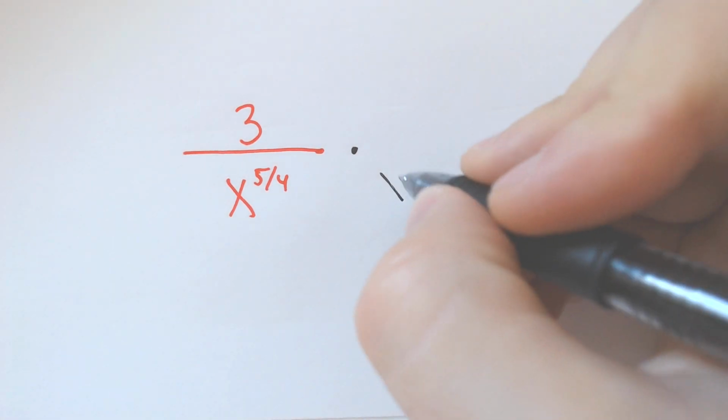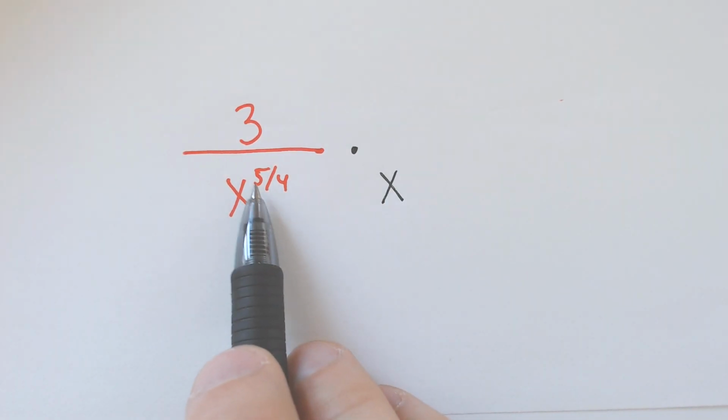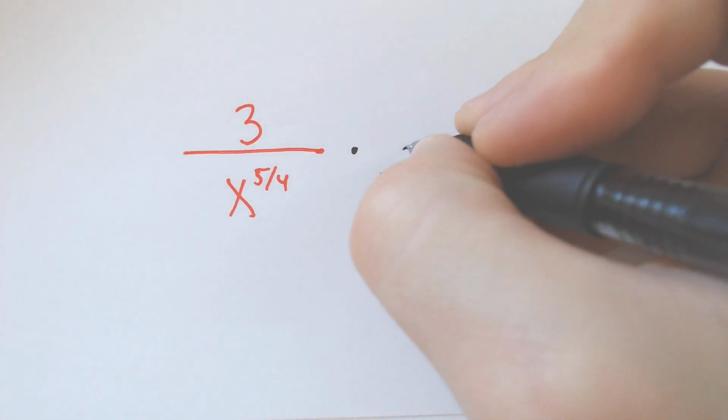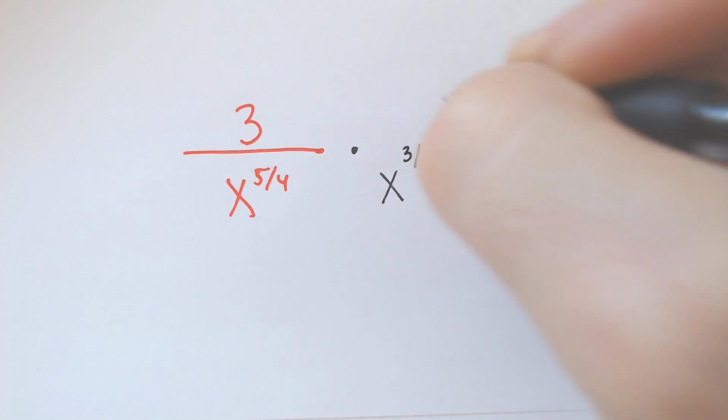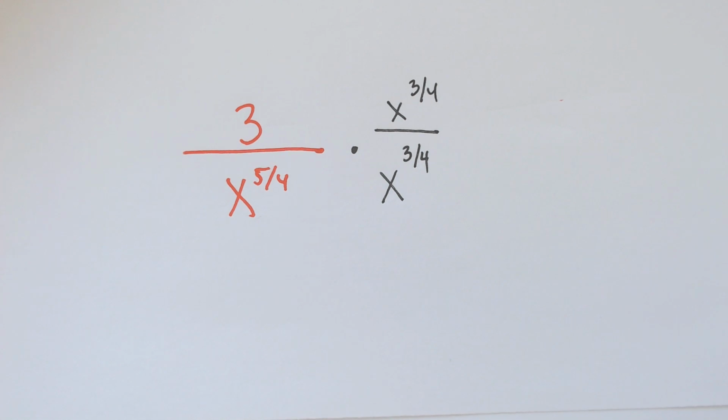But what you can do is recognize that if I have 5/4, I want to get the top of the fraction to a number that would be able to divide by 4. And if I want to get it to divide by 4, the next biggest number would be an 8, because we're already past the first 4. So if I get 3 more, I'd be able to get to 8. So if I multiplied by x to the 3/4 and x to the 3/4, just like we did last time, it's going to produce a different result.